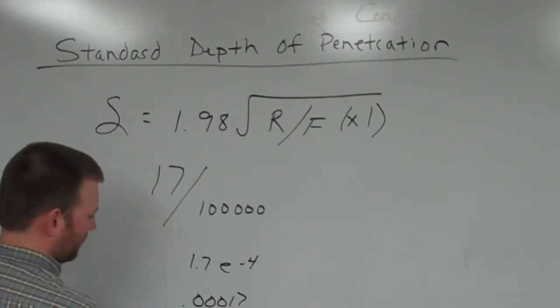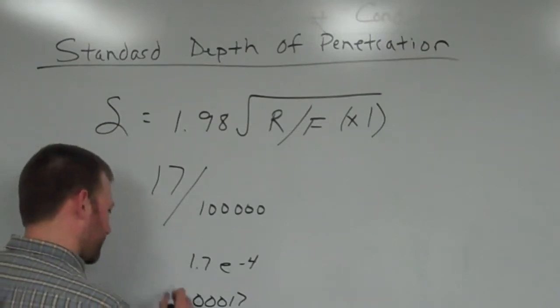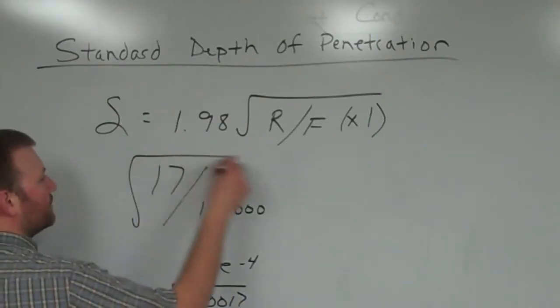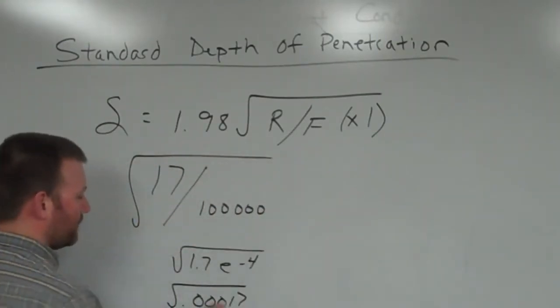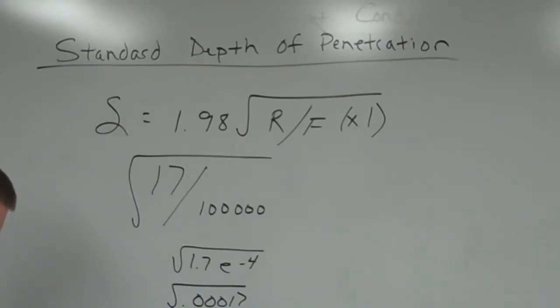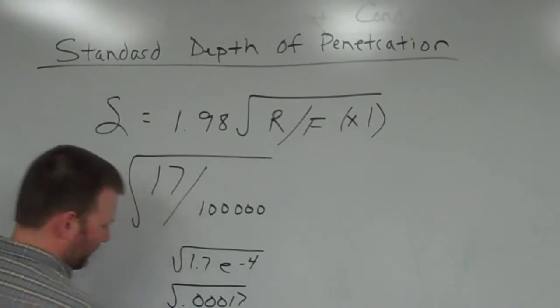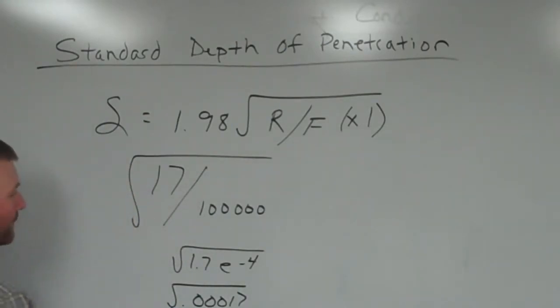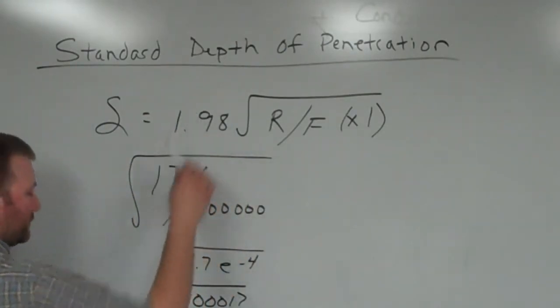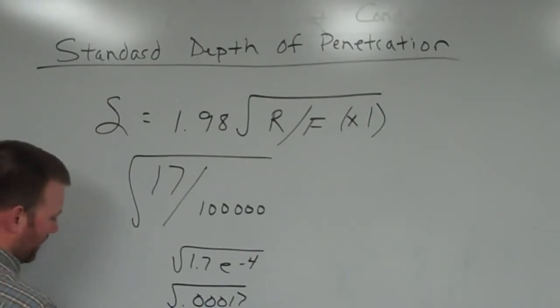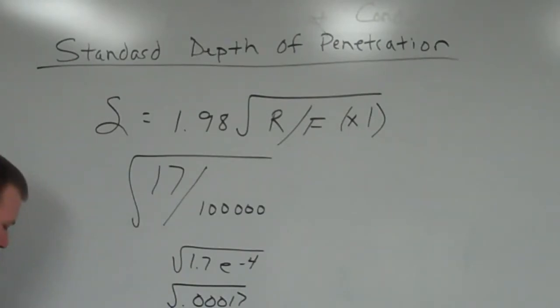Now we're going to square root that, because this is all under a square root. That's going to take us to 0.013.